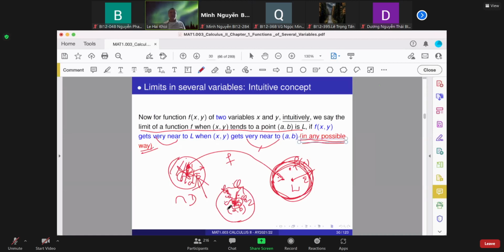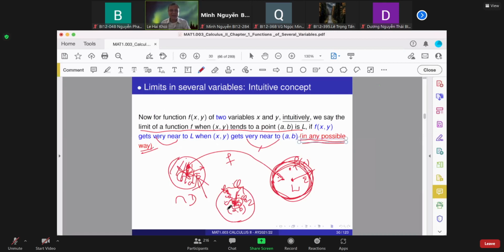So you have three ways of approaching x, y to a, b. Of course, you can have other ways. How many ways can you have? Infinitely many ways, you cannot count them. But for each way, you can give a name.